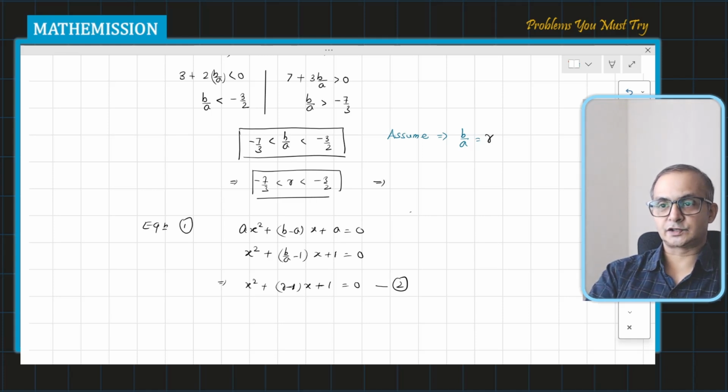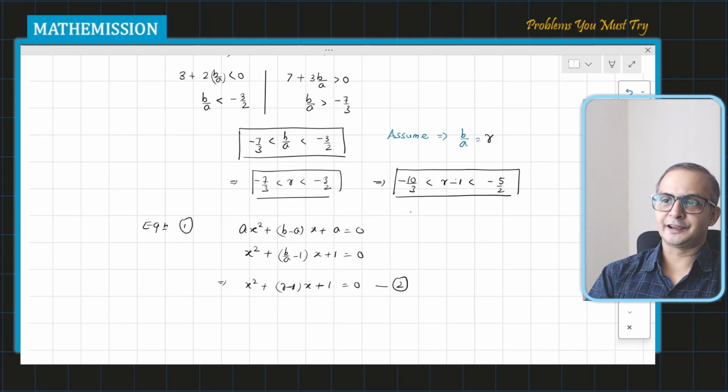Can we construct r minus 1 so that it will become easier? So let's subtract 1 from each side, so it will become negative 10 by 3 lesser than r minus 1 lesser than negative 5 by 2. So now better we again assume r minus 1 is equal to some other number lambda.